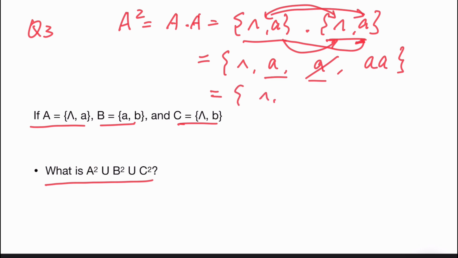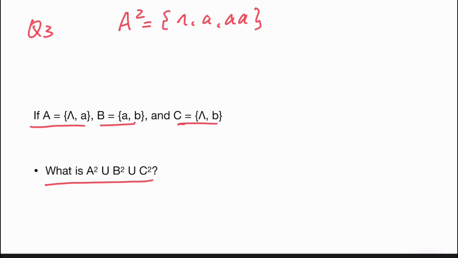That should be lambda, A and AA. So that's the result for A square. And for C square, as C is almost similar to A, just replace B to A. So we can simply copy, really the same pattern. The last one is B square.